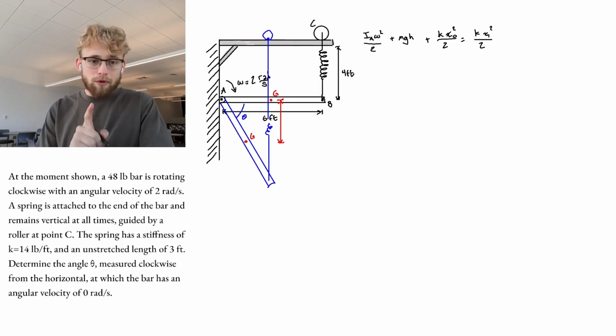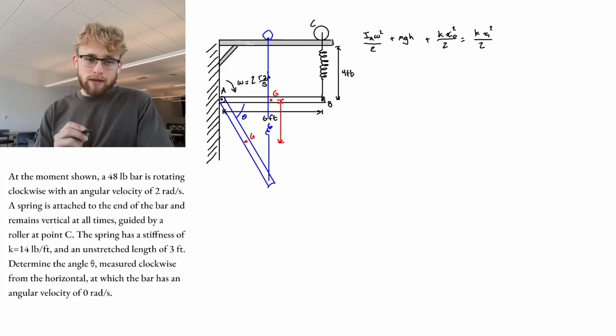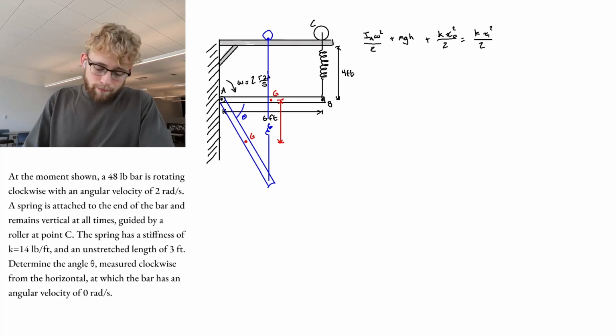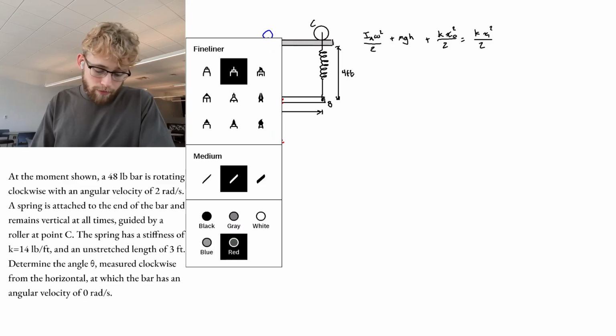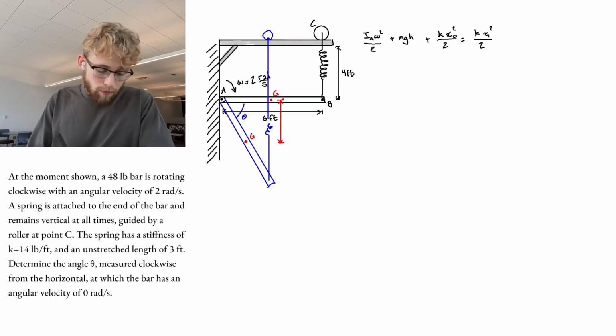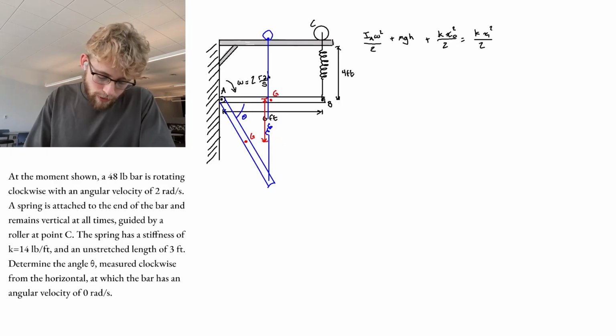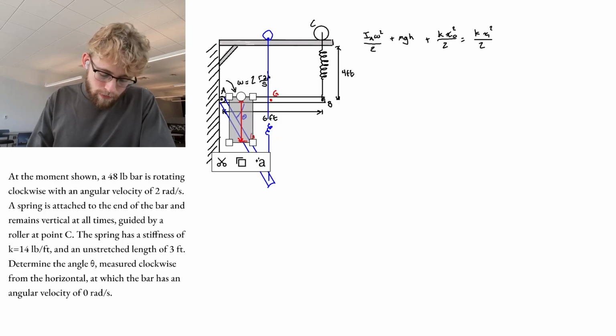We want to have as few variables in this equation as possible. In fact, we only want to have one variable in this equation by the time we get done so that we can actually solve for theta, right? So let's relate this height to theta. Well, we know that this distance right here is going to be half of whatever, well, actually, no. If we just take this right here, move it over here, look at that.